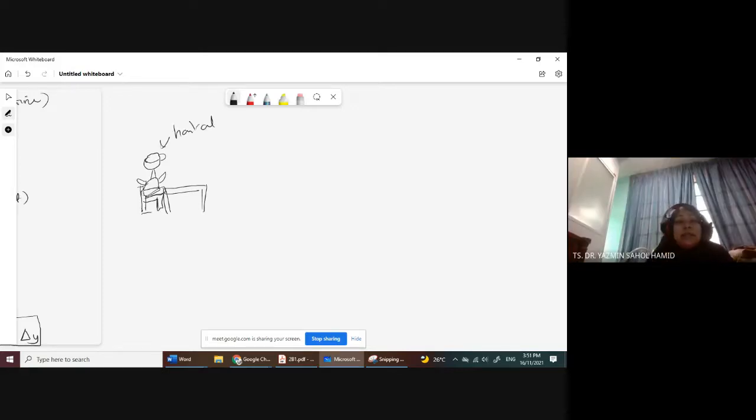So Haikal is sitting on this desk and there is a book. You're going to carry this book and put it on this table. Now, when you carry this book and put it on this table, are you doing positive work, Haikal, or are you doing negative work, Haikal?